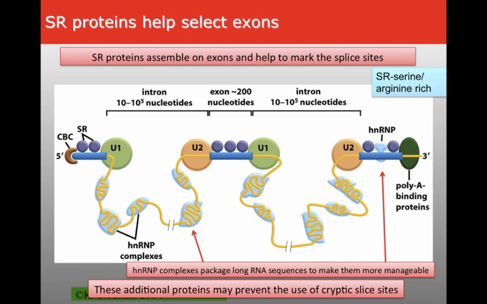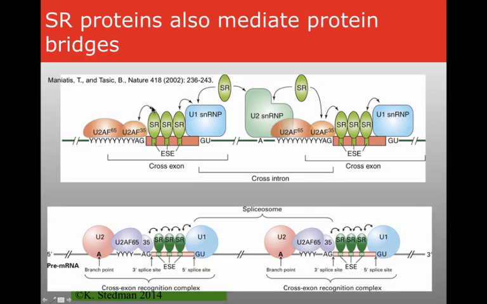So the particular sequence in the exon will bind to one of these SR proteins, and those SR proteins then form bridges together with these snRNPs. So the presence of an SR protein then stimulates the interaction of these snRNPs to get splicing to take place.